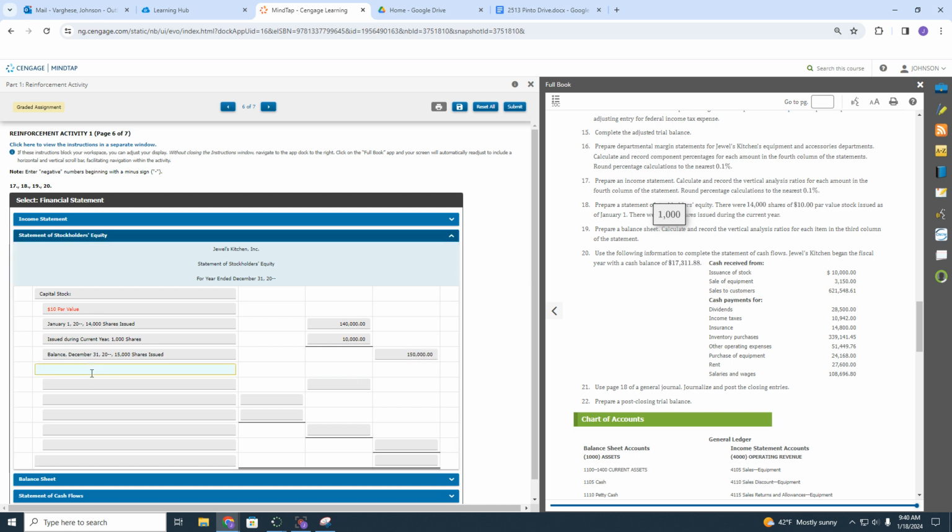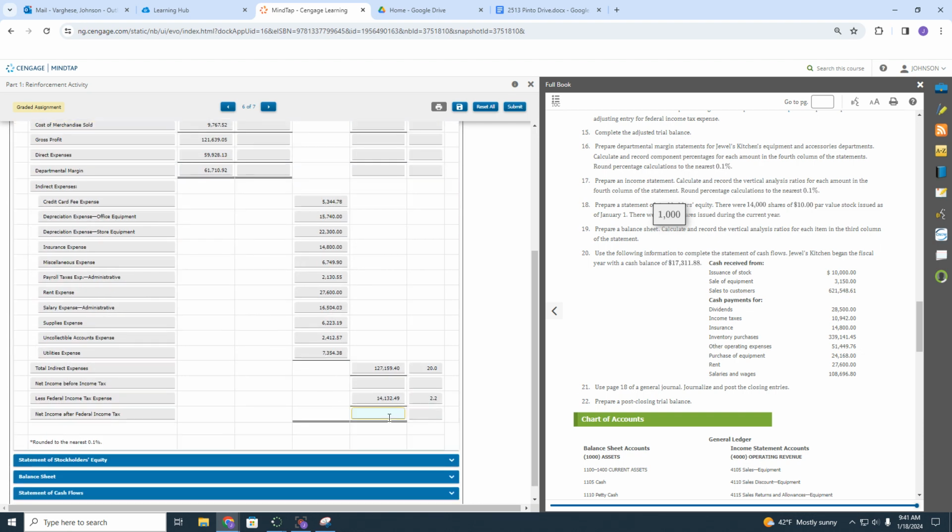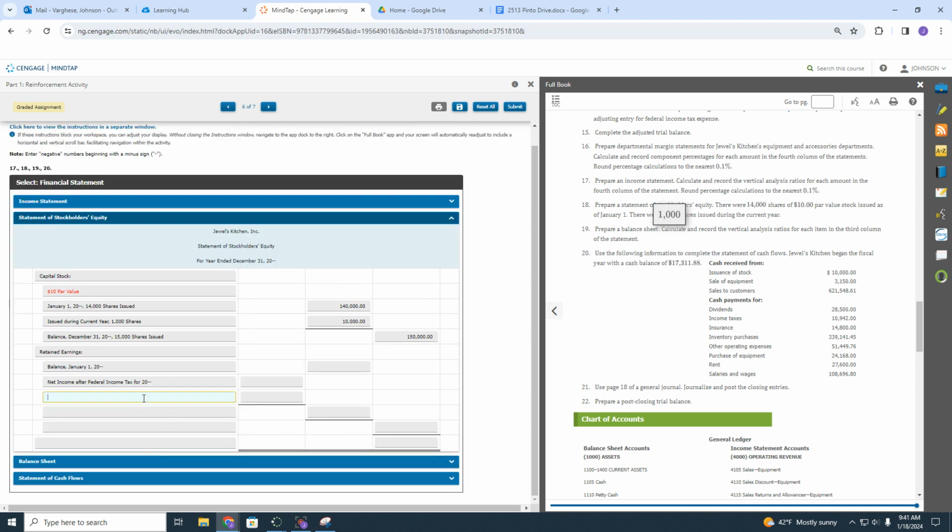And my next section, I'm going to look at retained earnings. I'm going to have my beginning balance of retained earnings plus my net income after federal income tax. And that number is going to come from here. So my net income after federal income tax is going to come from here. And then I'm going to subtract out any dividends that I paid, which I know I paid some dividends.